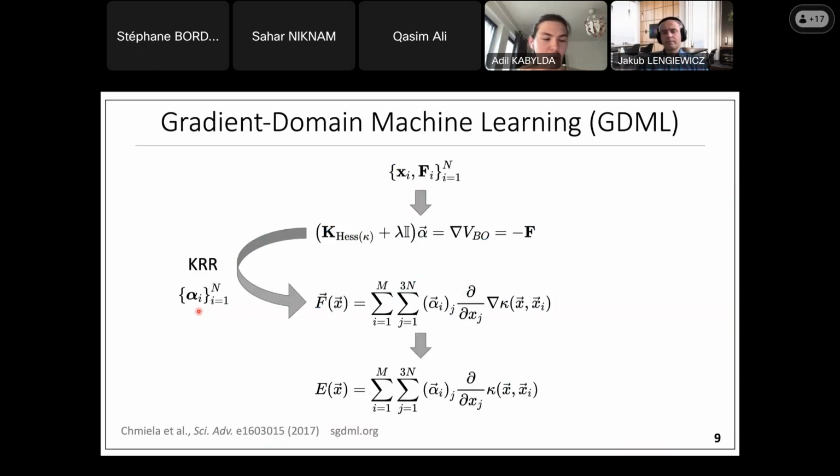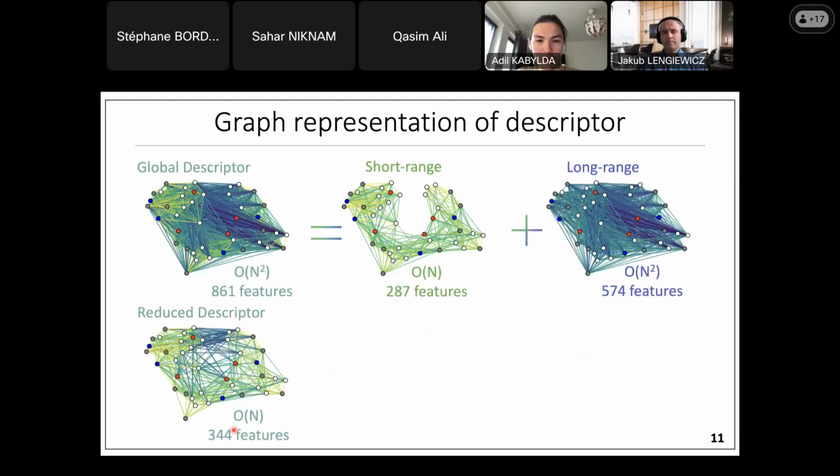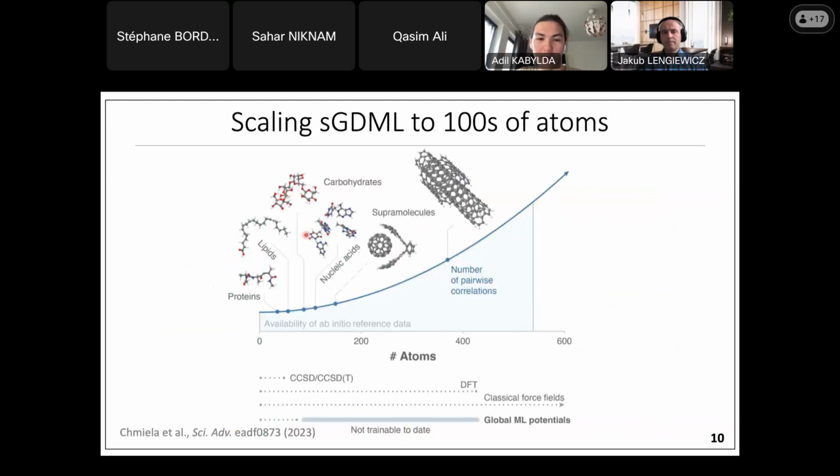So the order of the atoms is of course important, along with all those symmetries that I mentioned. In this kernel-based approach, in the gradient domain machine learning, in the original approach there was no order. So basically, if you have, for example, three atoms, like in this CH3 molecule, you have 3 hydrogen atoms that are basically equivalent, and if you change the indices, nothing really happens.